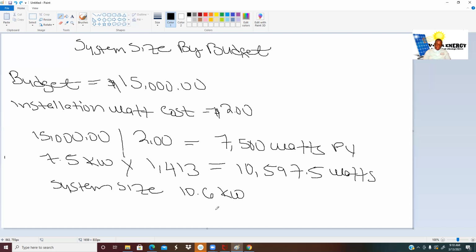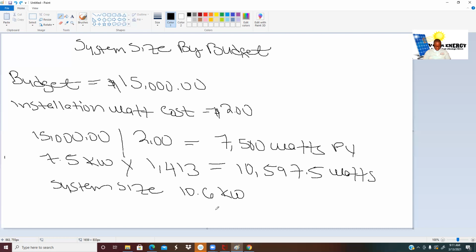I have to raise the cost a little bit for us because that size is too high for that budget. So we're going to do a little bit of raising.